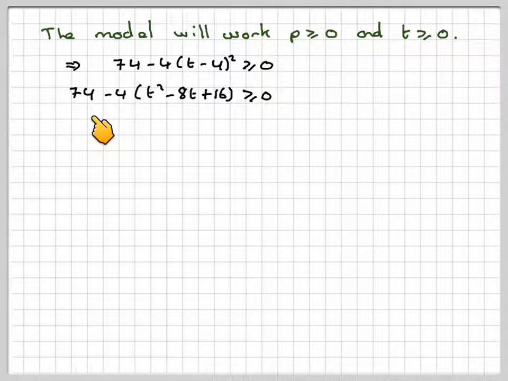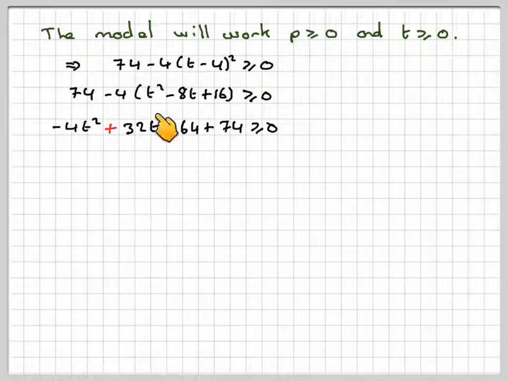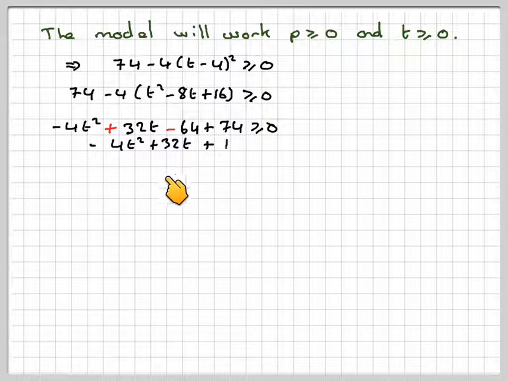So we need to solve the inequality 74 − 4(T² − 8T + 16) ≥ 0. That gives me −4T², plus 32T, minus 64, plus 74, which is plus 10.